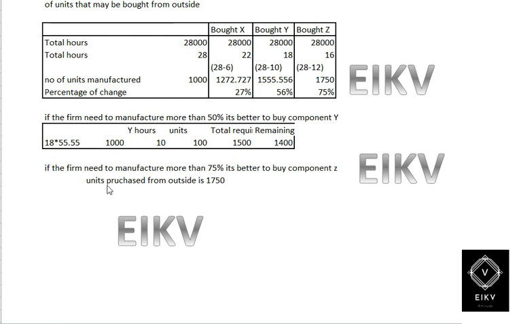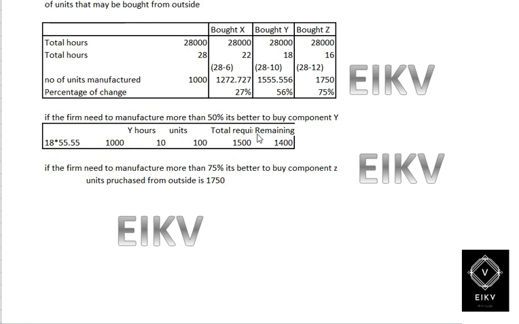That excess can be converted into hours and used for the manufacturing of Y. Therefore 18 hours into 55.55 units gives 1000 hours which can be utilized for production of Y. One unit of Y needs 10 hours to manufacture, therefore 1000 divided by 10 will give you 100 units.